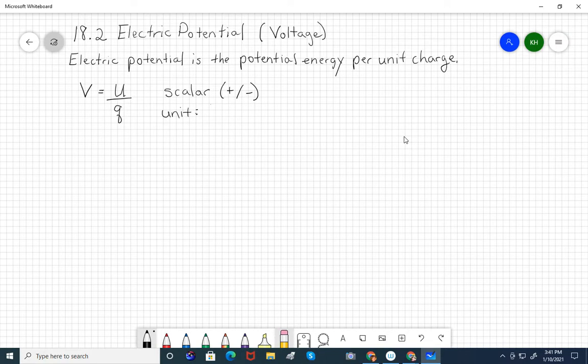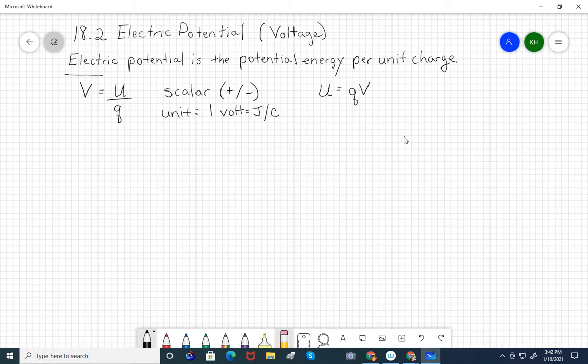is the volt. Potential energy U will be in joules, and charge will be in coulombs. So a volt is equal to a joule per coulomb. There are times when we need potential energy, and we simply turn this formula around and say the potential energy is the magnitude of the charge times the voltage.